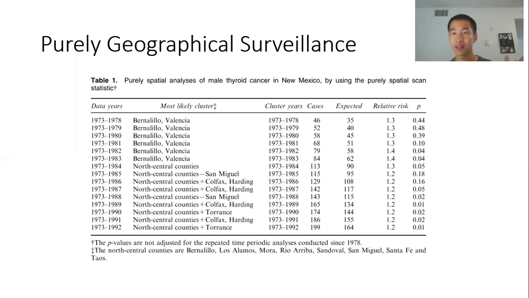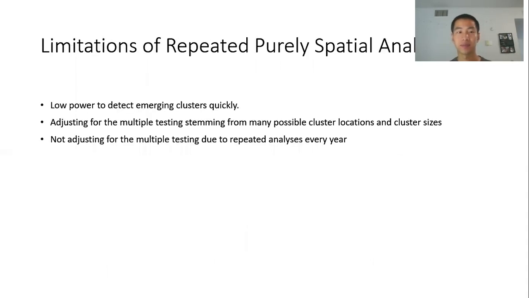And as we will see in the next slide, the author will discuss the weakness of such a purely spatial analysis. So firstly, we have a low power of detecting emerging clusters quickly.